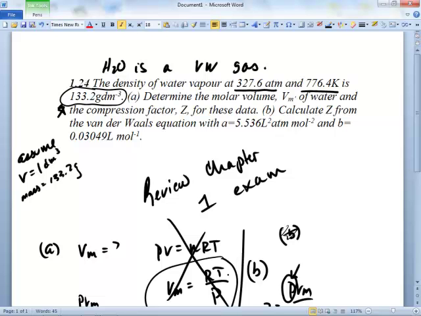And then you have to use the density to get molar volume because the identity of the gas matters. Okay? And then you would have to do it this way to get molar volume. Convert this into, if you want liters, fine, convert it into liters. Convert that into moles, realize it's water, divide the two, and then I bet you get the answer in the back of the book.